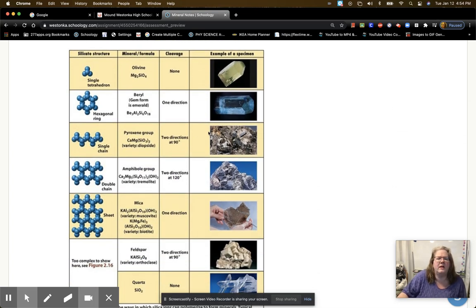Here's a little more if you want to get into the actual crystal shapes and how the atoms arrange themselves. These are some examples of hexagonal rings, that is, six-sided rings. Here's a single tetrahedron, and you can see examples of what that kind of mineral looks like when the crystal grows.